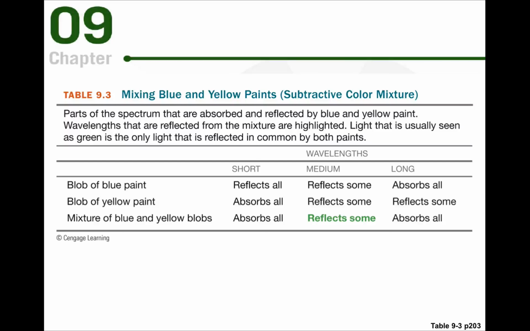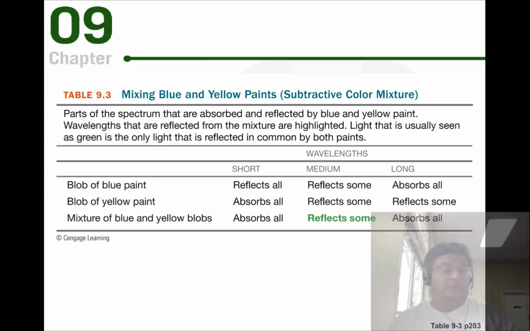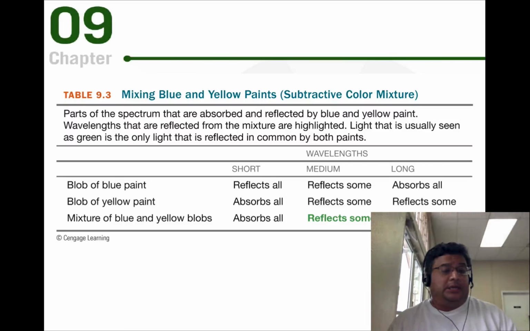So you've got all that absorption going on. But in the medium, you've got some reflecting in the medium wavelengths. Of course, medium wavelengths are perceived as green by our eyes. Since that's all that's bouncing off of that object is medium wavelengths, because everything else is being absorbed by the molecules in that paint, we perceive it as green.